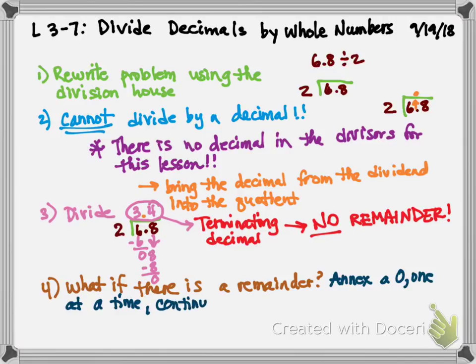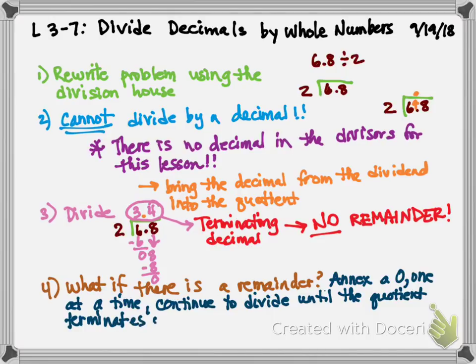Continue to divide until the quotient terminates. So we finally get to a point where there's no remainder, or repeats. The same number just keeps happening over and over again. Okay? All right. I don't think you're going to see too much of the repeating going on in this homework assignment. But definitely we will practice that.